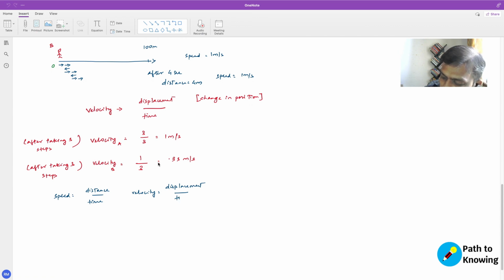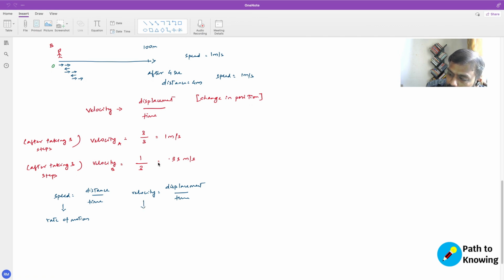Speed means the rate of motion, the rate at which the object covers distance along its path over time. That is speed.